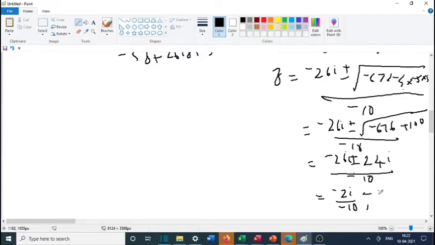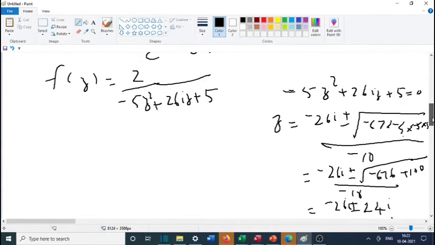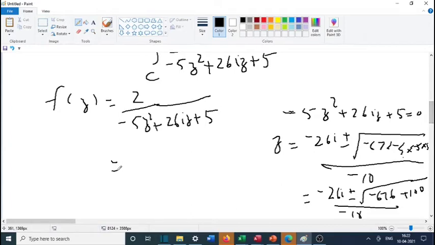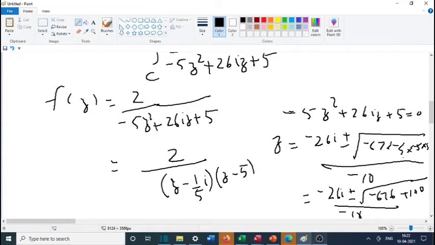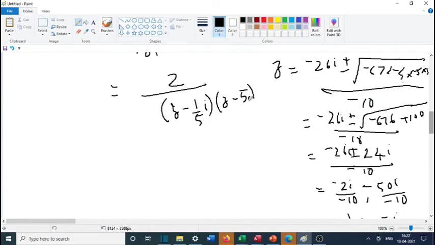The other one is minus 50i by minus 10. So the roots are 1 by 5i and 5i. So we could write f of z as 2 by z minus 1 by 5i and z minus 5i.